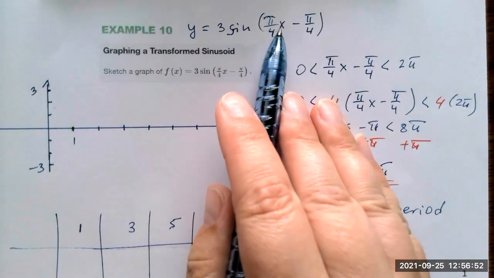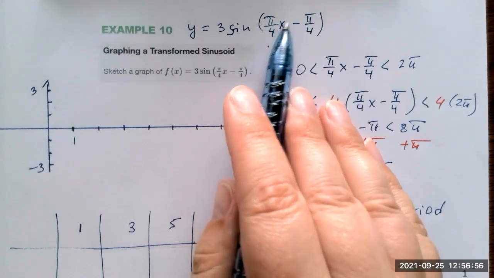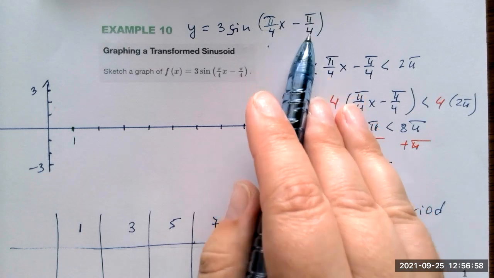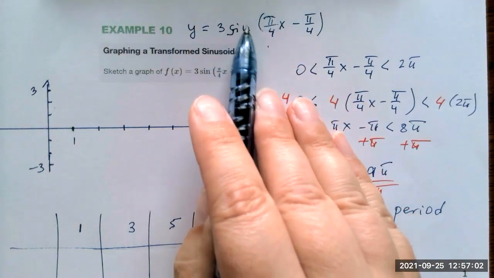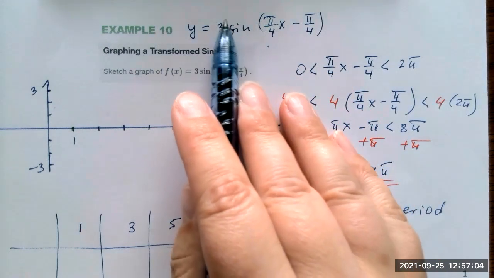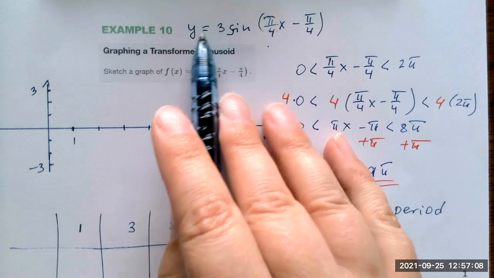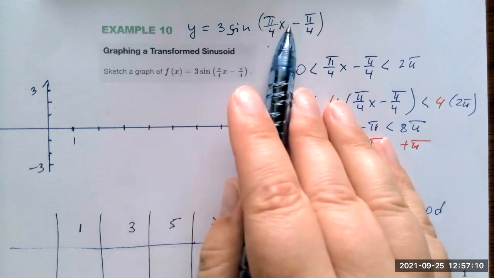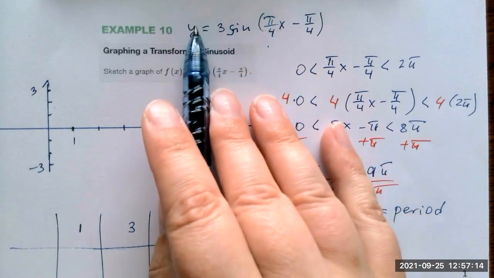So first we take our x and we multiply it by pi over 4. Then we're gonna subtract pi over 4 from the result. Then we're gonna apply the sine function and then multiply the result by 3. And that will give us our y value. So we're kind of like working from inside out, step by step.